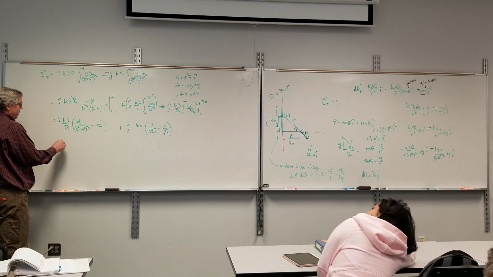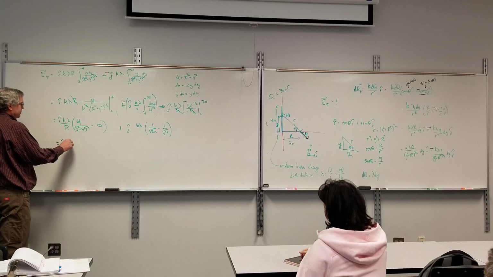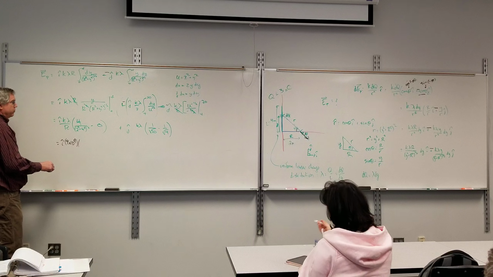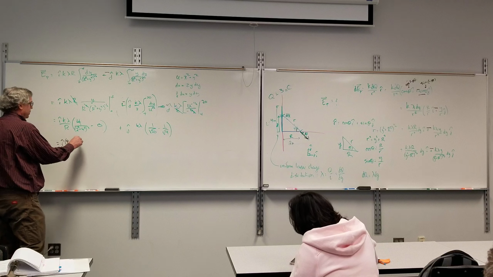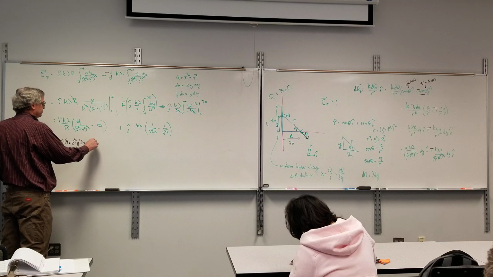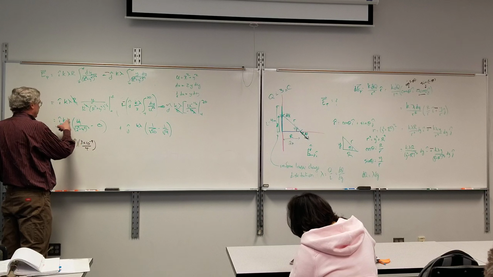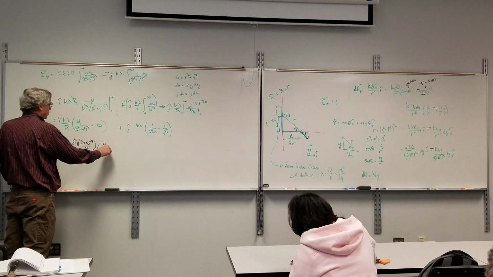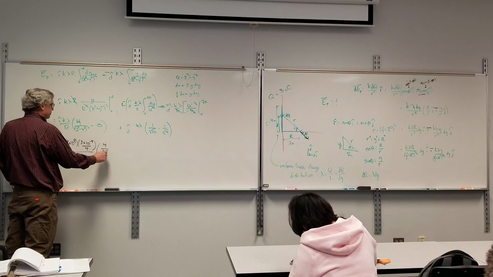All right, so we are now left with i hat 9 times 10 to the 9th. Lambda is Q over L, so it is 3 times 10 to the negative 9th divided by 4. That's lambda. R is 2. And this becomes 4 over square root of 20.